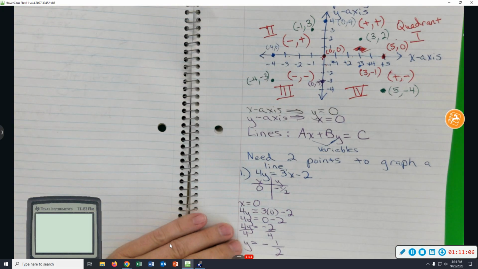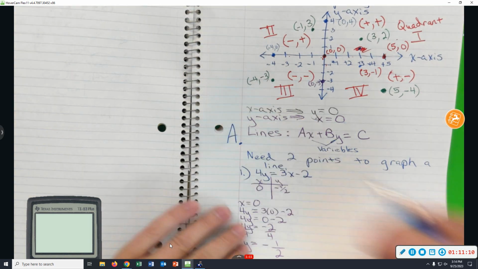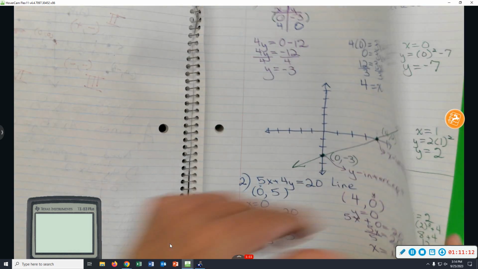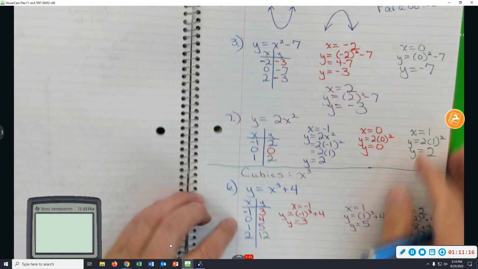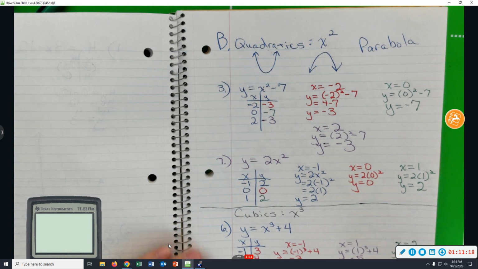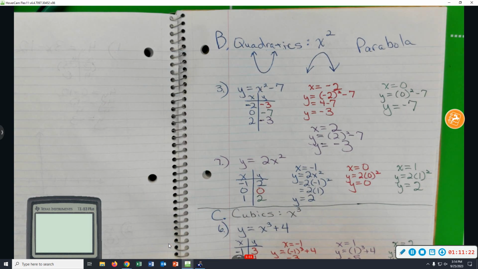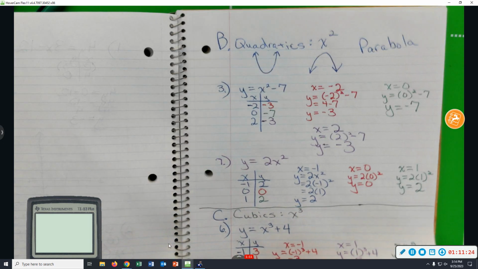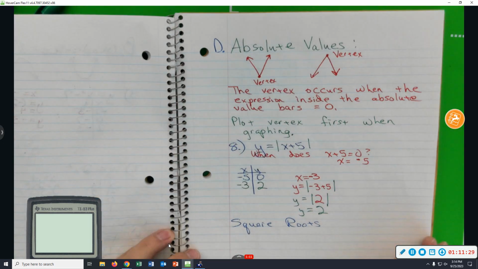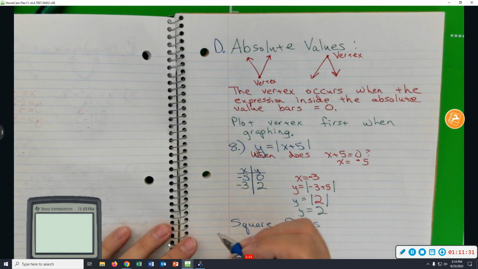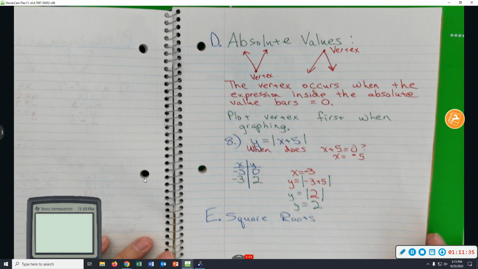We graphed lines. I'm going to call that A. And then we graphed quadratics, B. I'm just doing this for me. C for cubics. D for absolute values. And now we're ready for E. Maybe I should have used Roman numerals. Maybe that would have been better.